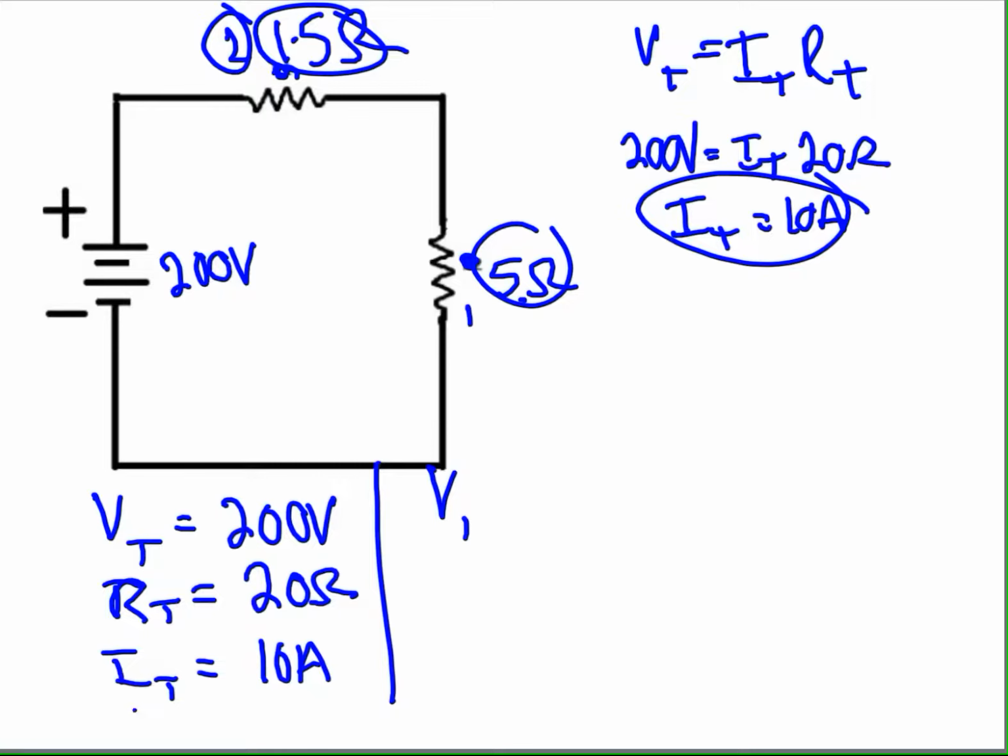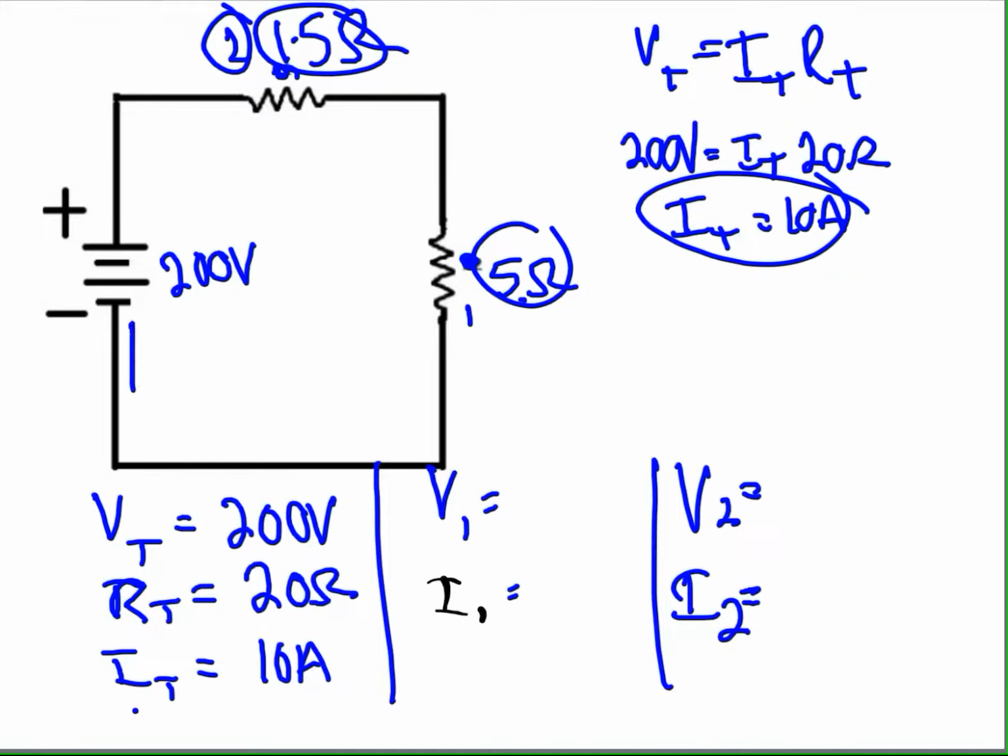Now we got V1 and R1. We know R1, that's silly. V1 and I1. And V2 and I2. Again, knowing our current has to be the same everywhere, and we've already found the current coming out of the battery, then we know that this again has to be 10 amps.